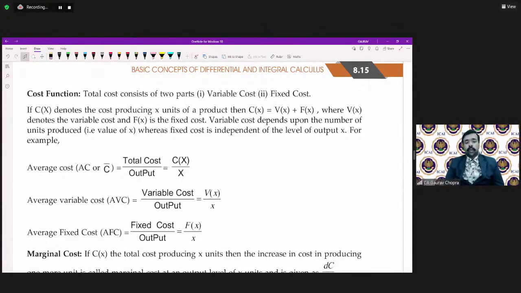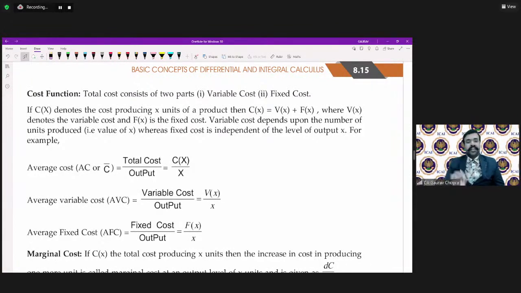So what is fixed cost? Fixed cost is that portion which does not change with the level of output. For example, rent of a factory. If the rent of the factory is 25,000 rupees, whatever is the quantity of production, the rent will remain the same.